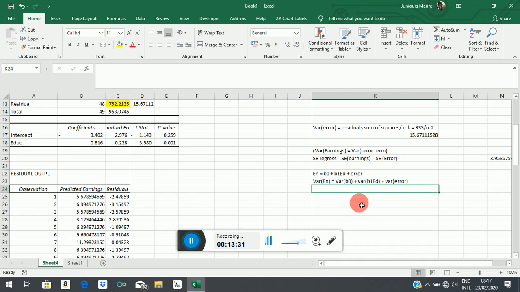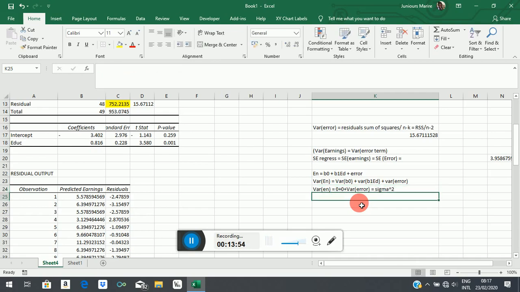So we have var EN is equal to 0 plus 0 plus var of the error term. Of course, we know that the variance of the error term is always sigma squared.